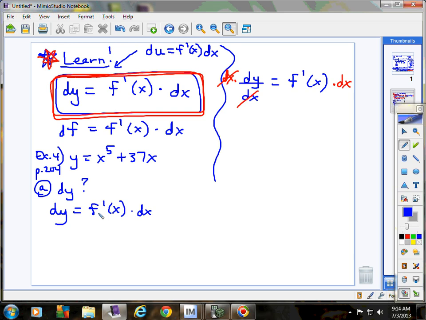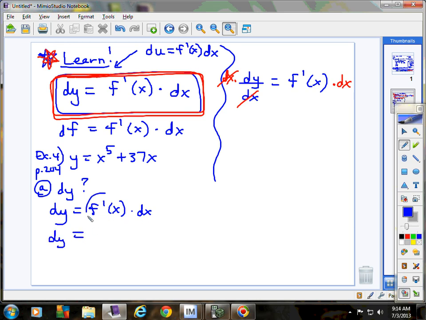When I'm grading these tests, on the short answer problems, I have them write the formula for dy. If somebody misses that one, then I know that when I get to the problems where they have to find dy, that's not going to work out. If they don't know the formula on short answer, they're not going to get the math right later. So we've got to know the formula first.